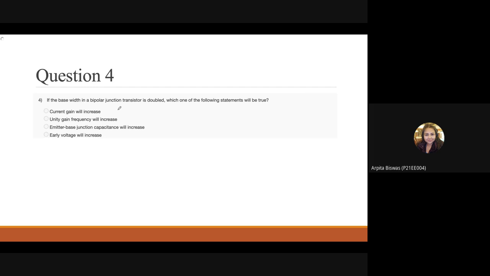So this is the next question. If the base width in a bipolar junction transistor is doubled, which one of the following statements will be true? Option A is the current gain will increase. Option B is the unity gain frequency will increase. Option C is the emitter junction capacitance will increase. And option D is the early voltage will increase. Ma'am, option A, current gain will increase.